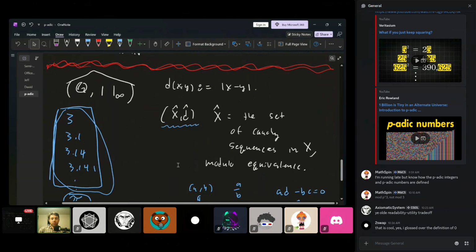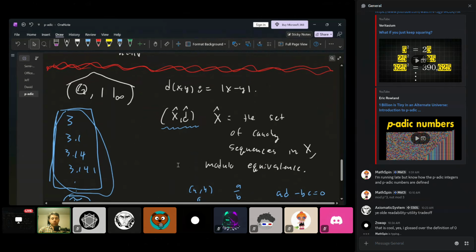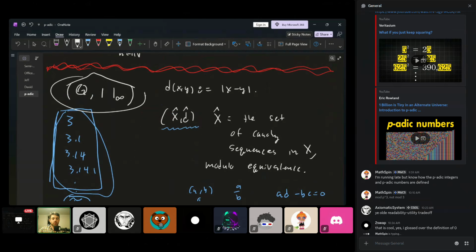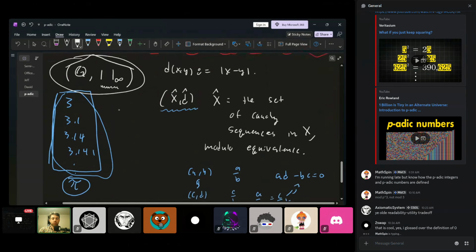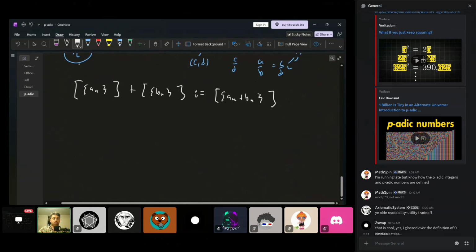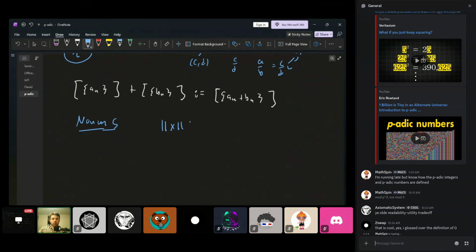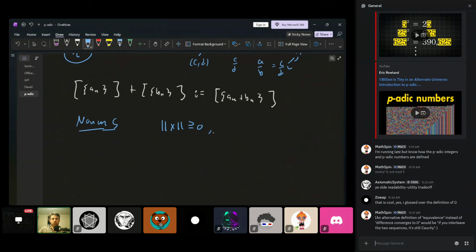And so thinking about that with the rational numbers, what we could also do is look at different kinds of absolute values. So we might ask, what are all the norms that I could possibly have on the rational numbers? What do I mean by that? Well, much like a metric, I want my norm to be greater than or equal to 0.